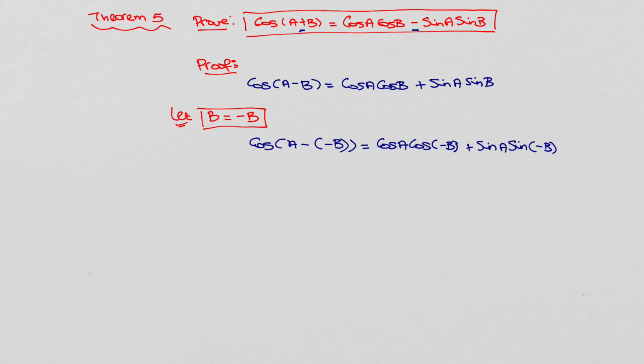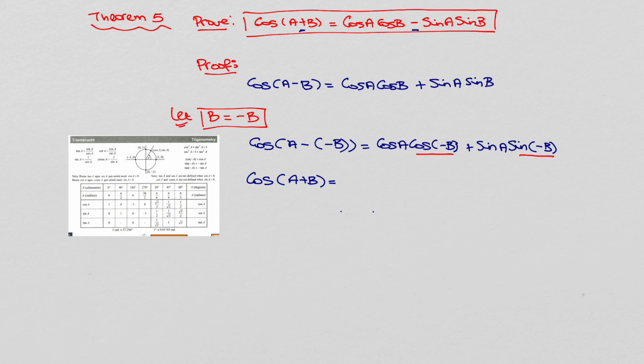Now what that does to the left-hand side is straight away it gives me A minus minus B, which is A plus B. That was easy. And on the right-hand side, well, this is one of the first things that I was showing you here in note 2. It was the cos of the negative angle B and sine of the negative angle B. And I also told you that was the handy one because it's page 13 in your maths tables.